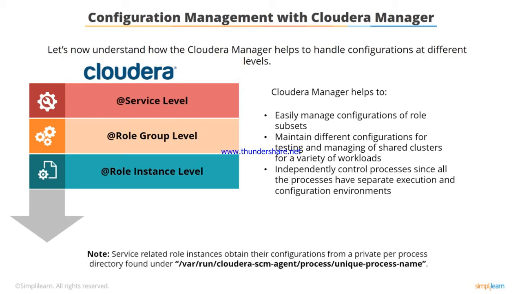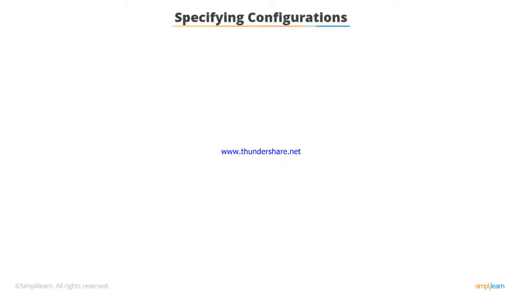Note that service-related role instances obtain their configurations from a private per-process directory found under /var/run/cloudera-scm-agent/process/unique-process-name.